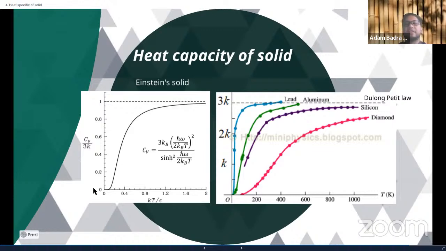So again, the behavior of the lattice inside the solid cannot be explained by classical physics only. We need to consider what's happening microscopically. At the microscopic level, quantum physics plays an important role, and because of that there is a transition from 0 to 3k here.